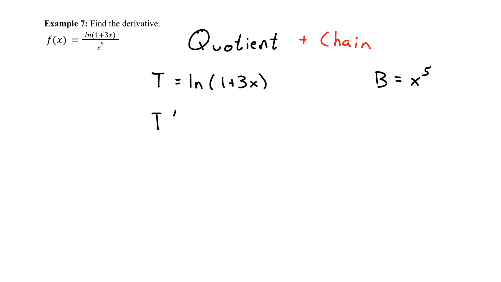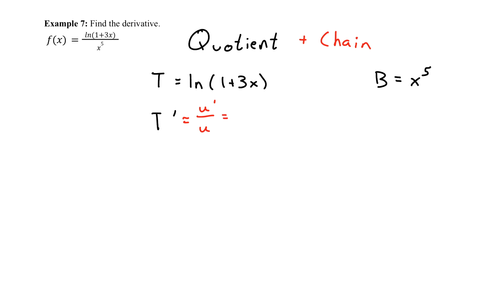T prime, the derivative of natural log of 1 plus 3x. Here's where we're going to be using the chain rule. Now, if I wanted to use the shortcut that we talked about for natural logarithms, I know that that's going to look like u prime divided by u, where again u is the inside function here.